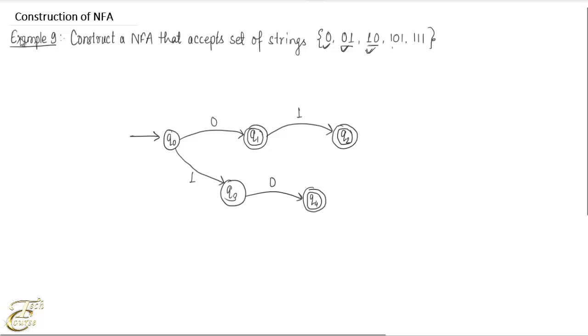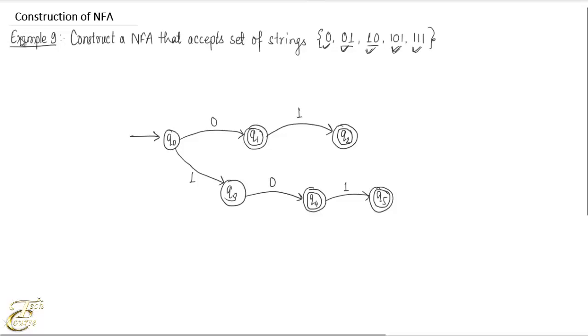Now to represent the string 101, we start with the starting state. Reading the first symbol 1 from Q0 leads to Q3, then reading the next symbol 0 in Q3 leads to Q4, and then reading the last symbol, that is 1, in Q4 leads to Q5, and we make this Q5 state an accepting state. And finally for the string 111, we start with the starting state Q0.